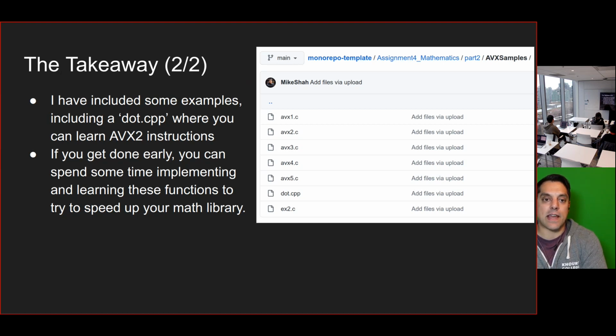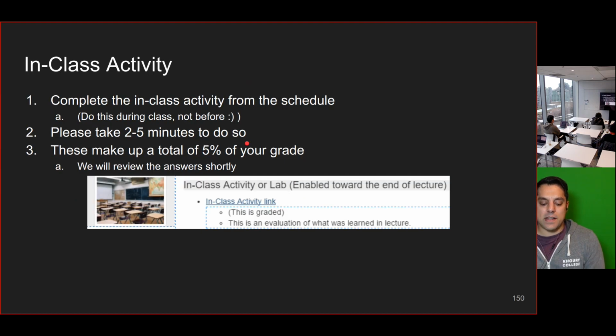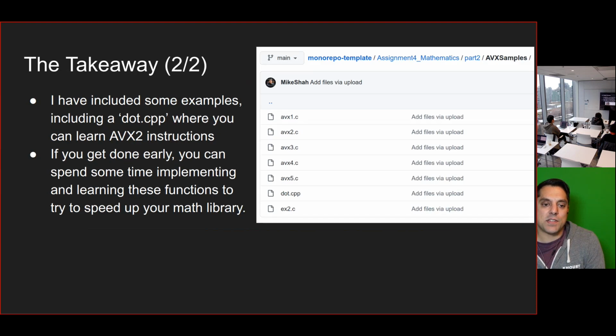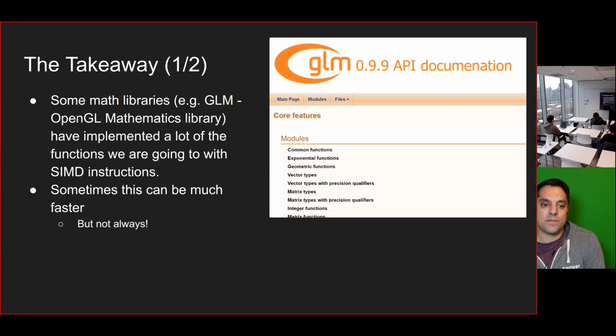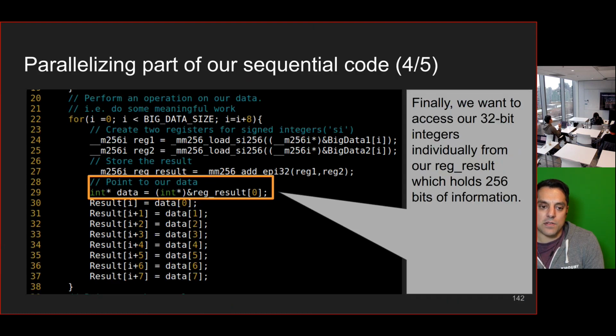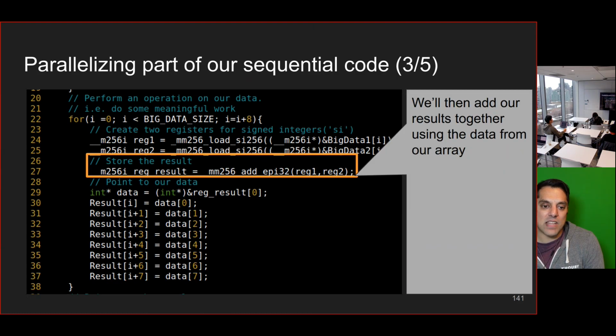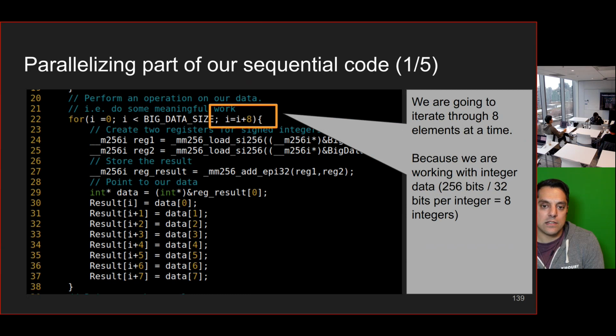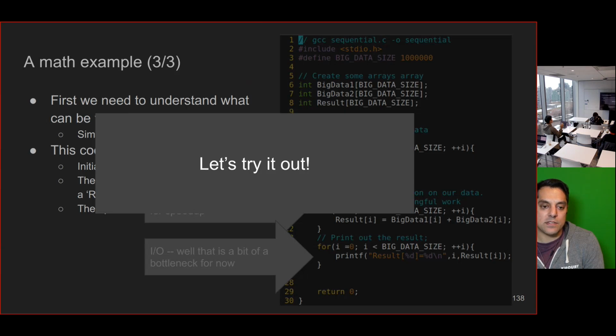I've never been quizzed on how to actually do it, but it's a good skill to have. All right, so let me pause there and take questions. Any questions on SIMD, single instruction, multiple data? I know I went through a little bit fast, but it's kind of optional material, I suppose.